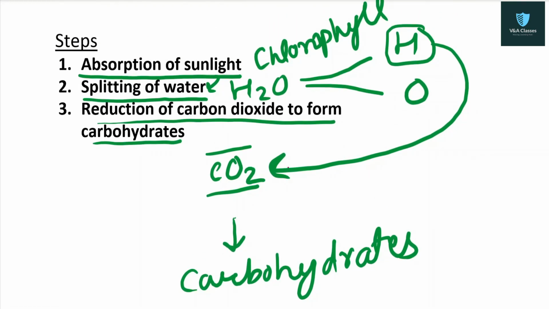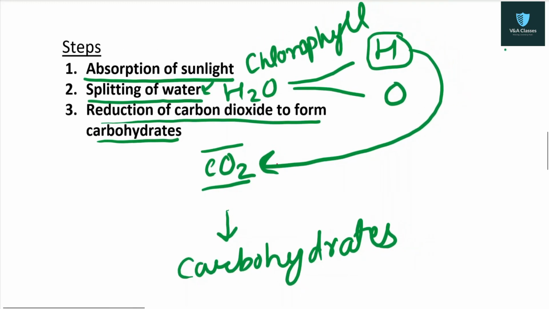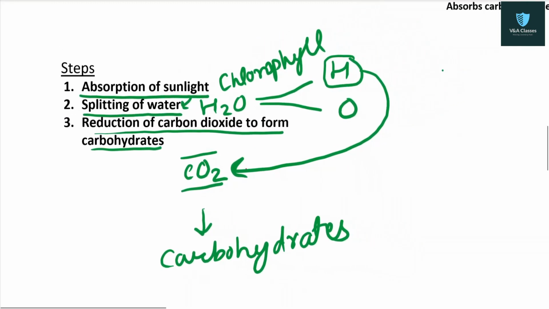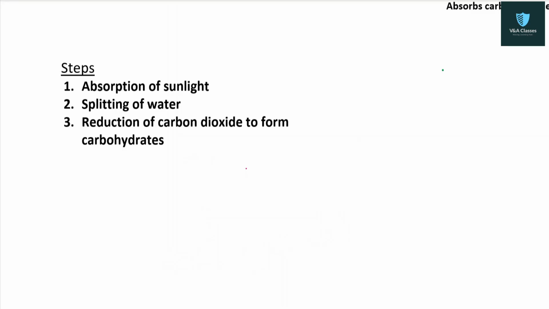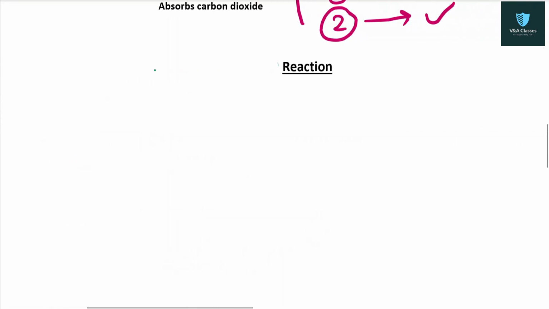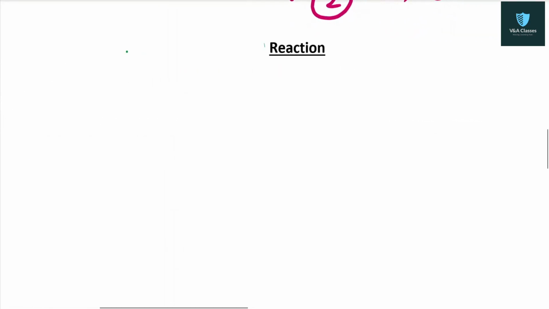Now let's see in the form of a chemical equation how all this is happening. Before we go on to the actual reaction of photosynthesis, you need to understand something about the term carbohydrate. What is a carbohydrate? They are compounds containing carbon, oxygen and hydrogen.